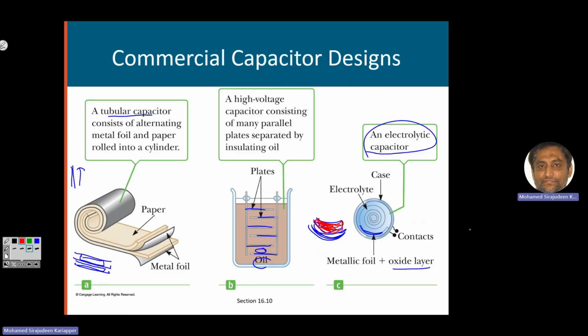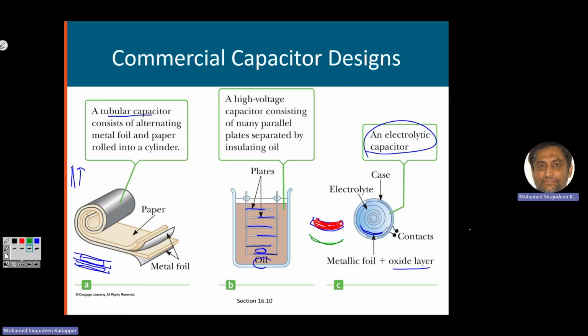It's a conductor. And the metallic foil, okay, I need to draw it neatly. The liquid itself is one plate, it's a conductor, the electrolyte is a conductor. Then we have the metallic foil, which is the other conductor, the two plates.